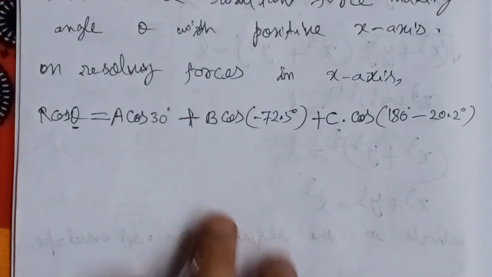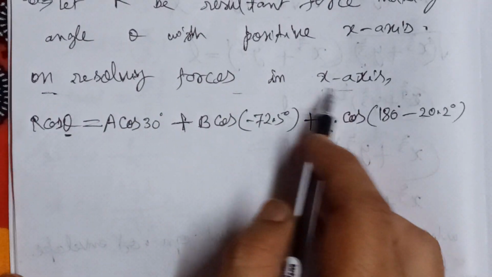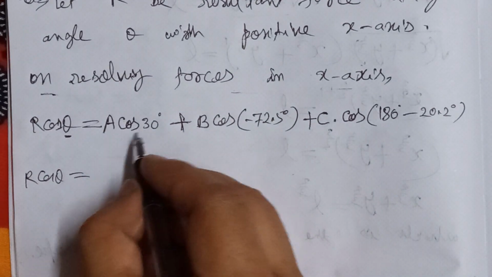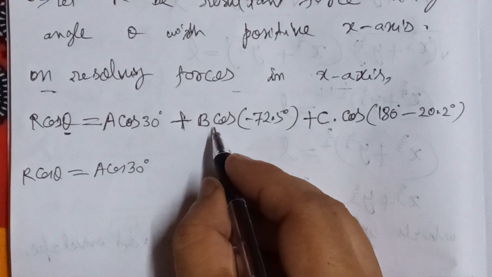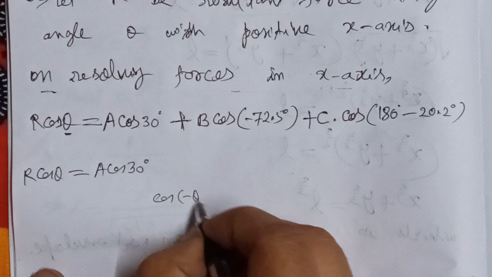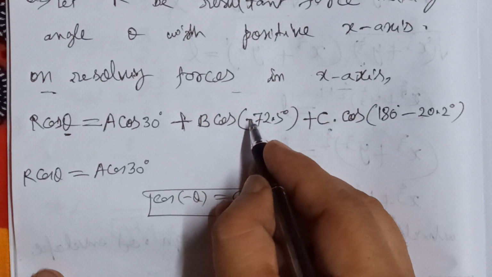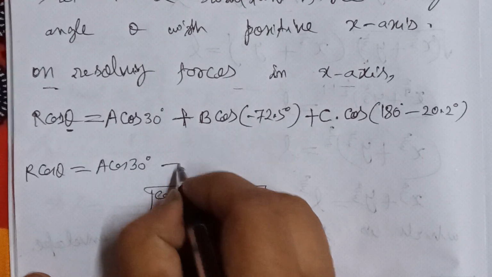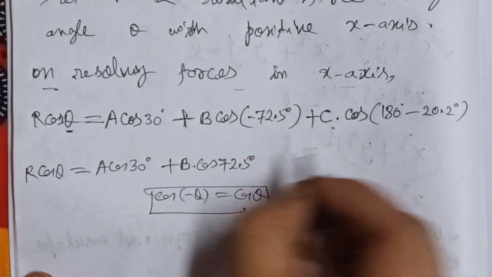Now we solve and simplify it, and next we go on resolving force in the y-axis. So R cos theta is equal to A cos 30 degrees. We know that cos of minus theta equals cos theta, so we can remove the minus sign according to this formula and write B into cos of 72.5 degrees.